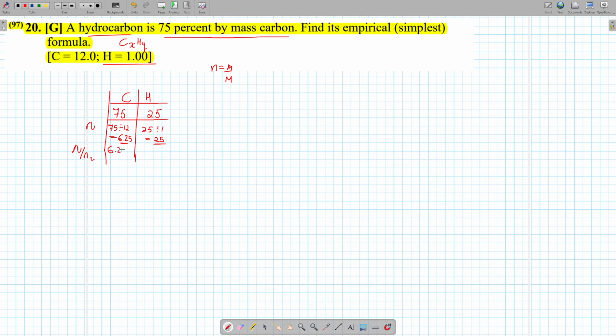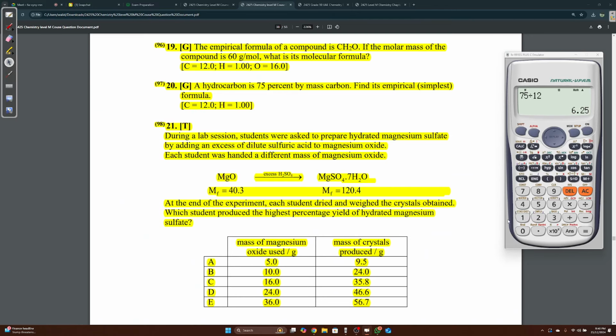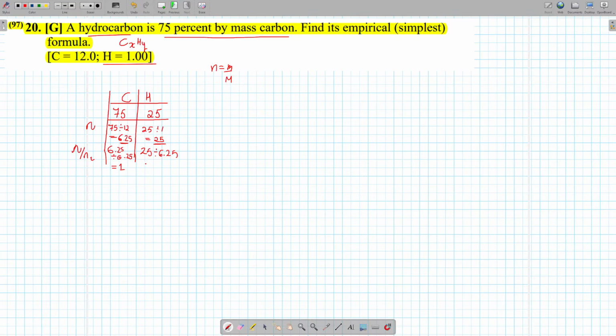So 6.25 divided by 6.25 gives 1. And 25 divided by 6.25 gives 4. That means now you're done. The formula is going to be CH4.